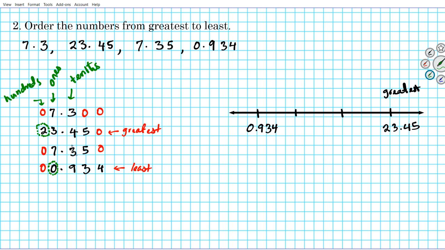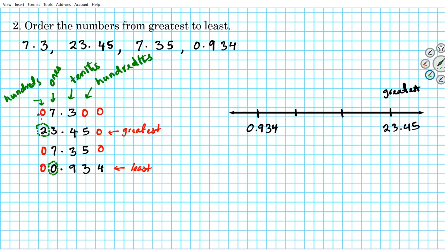So we had a tie in the ones place for these 2 numbers, 7.3 and 7.35, and we have another tie in the tenths place. We have to advance to the next place value, which is the hundredths place, and see what happens there. We know they are not the same because they look different, right?